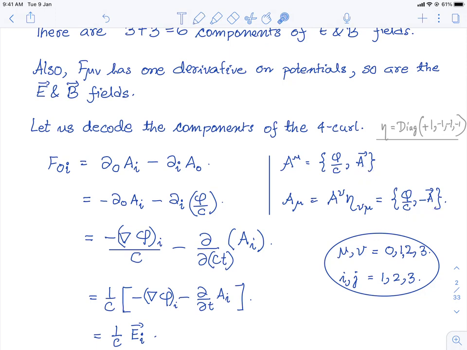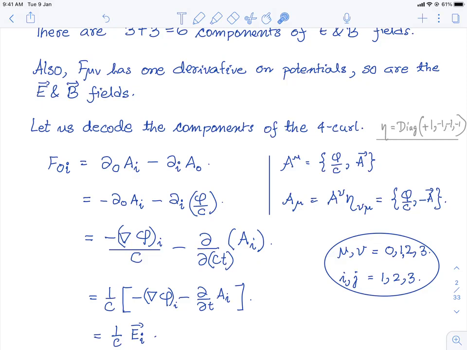Okay, I hope there being so many A's is not confusing. I am using the A notation to denote the 4 vector potential as well. And it's not only the vector potential, the co-vector potential also I'm using the same symbol, but you can distinguish between them by noting where the indices are, whether it's an upper index or a lower index.